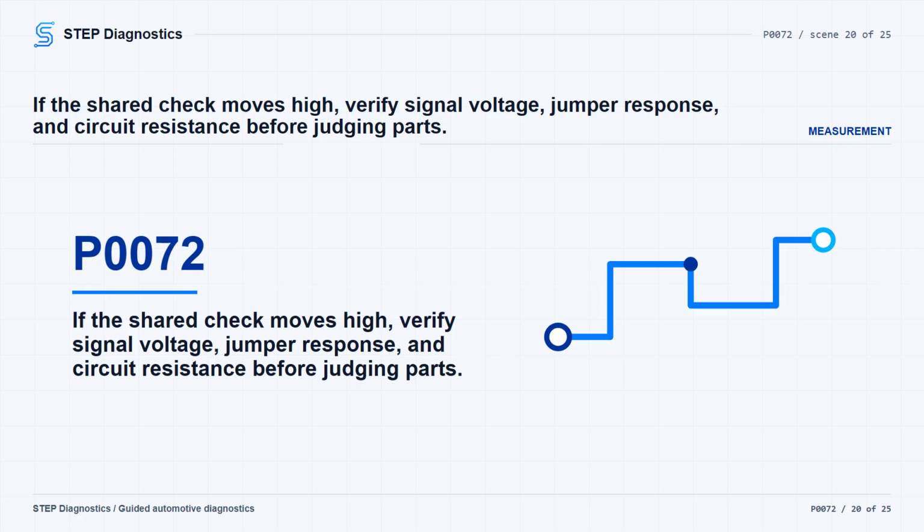Typically, the temperature sensor signal voltage should change to 0 volts on the scan tool with the jumper in place. If voltage data is not available, the circuit low fault should set with the jumper in place. Then check resistance of the temperature sensor signal circuit and temperature sensor ground circuit. Typically, the circuit resistance should be less than 5.0 ohms.